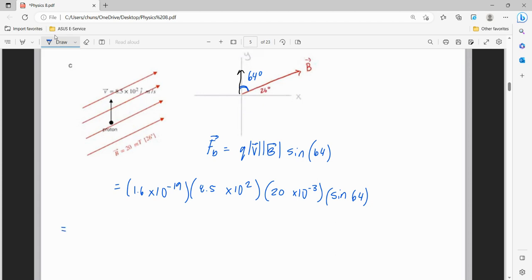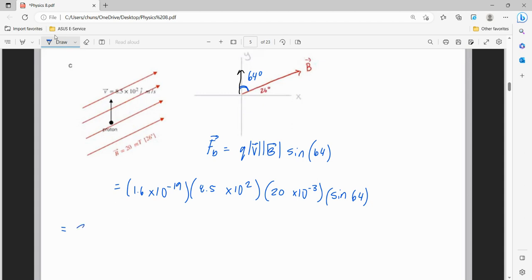So this is going to be 1.6 times 10 to the negative 19 times 8.5 times 10 to the 2 times 20 times 10 to the negative 3 times sine of 64.